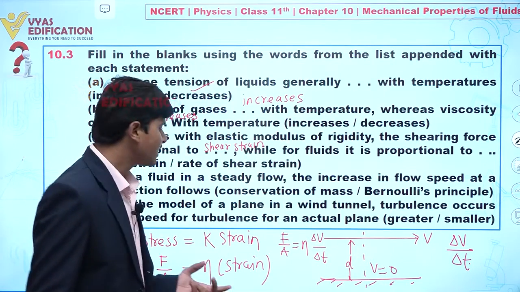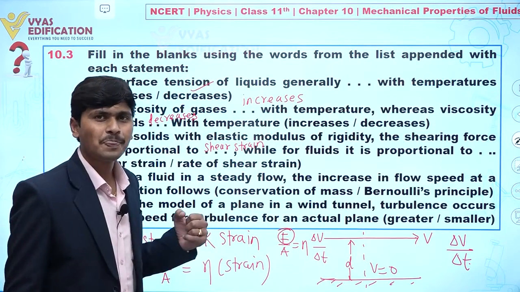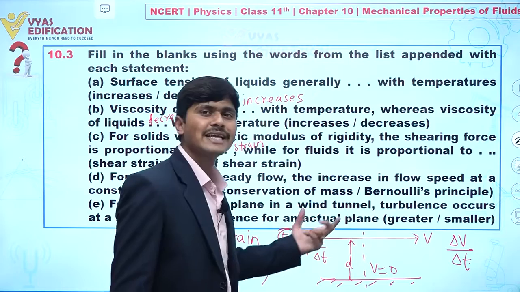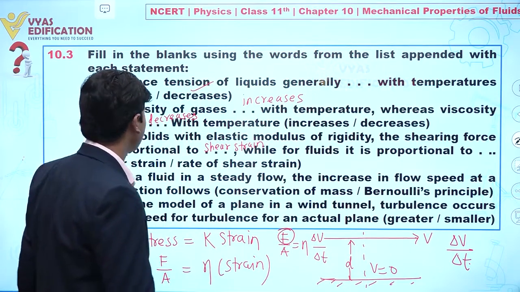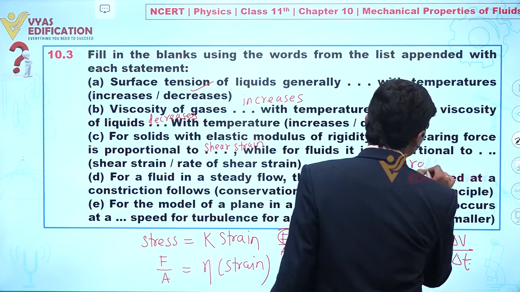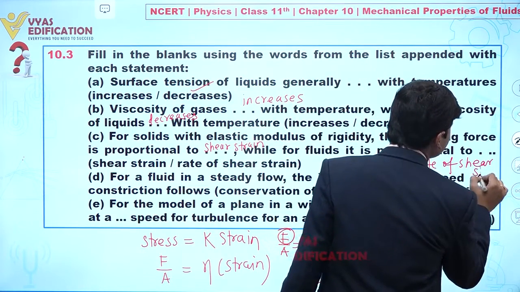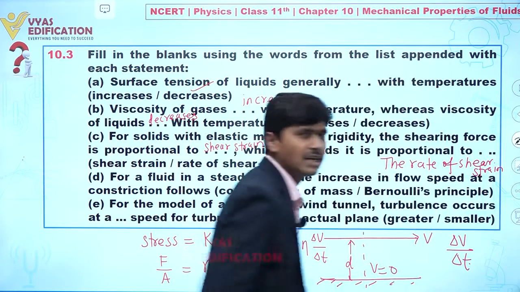Clear? So here this force is defined as the rate of shear strain. Clear to everyone? So here we are getting our answer. This is the rate of shear strain.